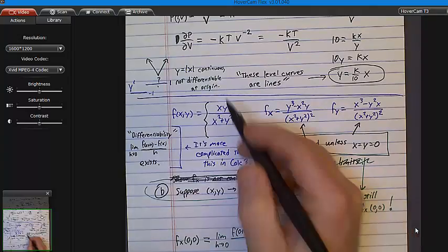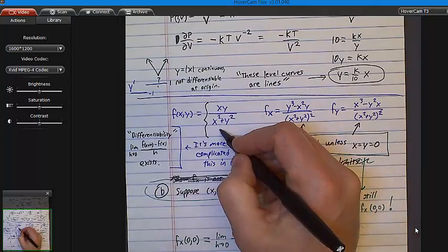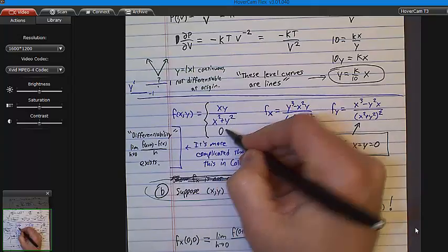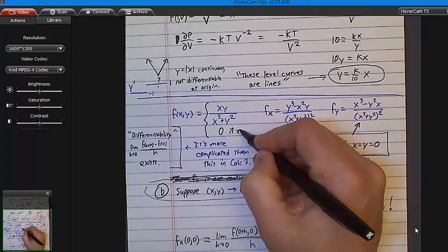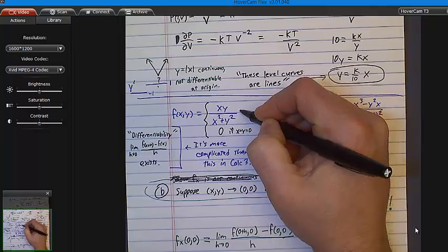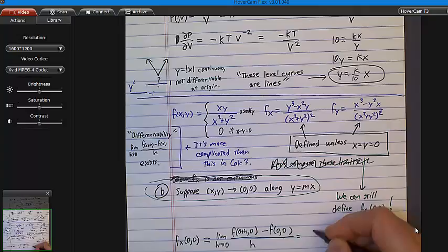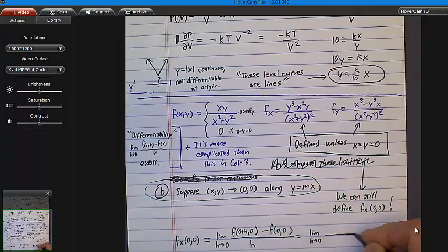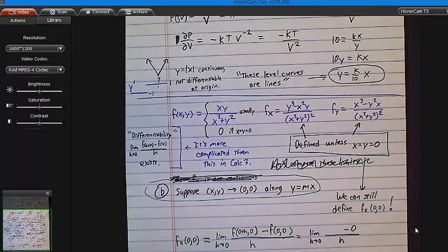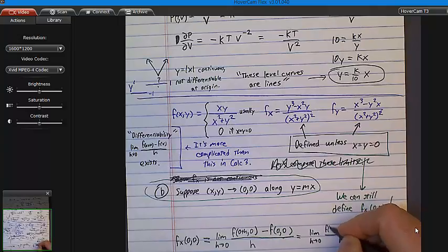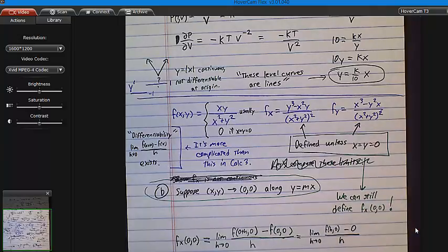We did a piecewise thing, and we decided to call it 0 if x equals y equals 0, and this will be usually, right? So if we do that, now we have the limit as h approaches 0 of what? Well, we're subtracting 0. And what's the numerator? I guess it's f of h comma 0.